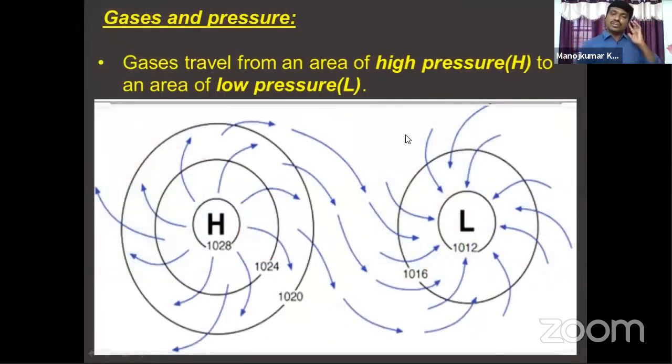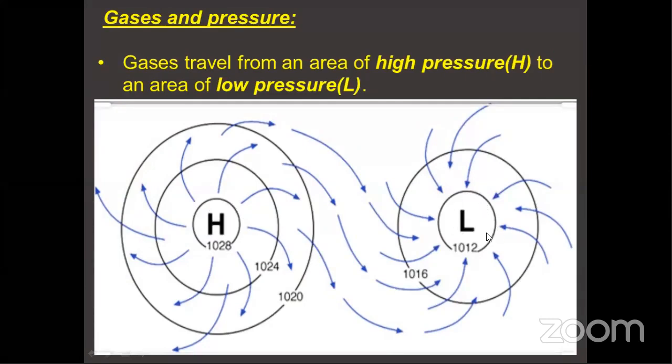Now, before we go into the mechanism of breathing, let us understand the concept of gases and pressure, students. As you already know, gases travel from an area of high pressure to an area of low pressure, isn't it? In this picture, H indicates air with high pressure, and L indicates the area with low pressure.